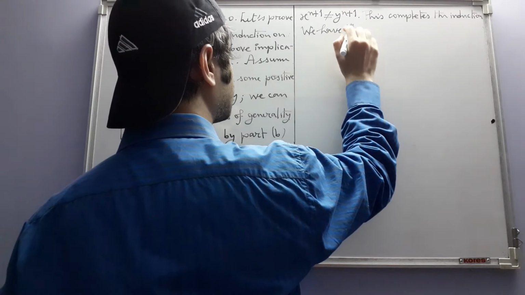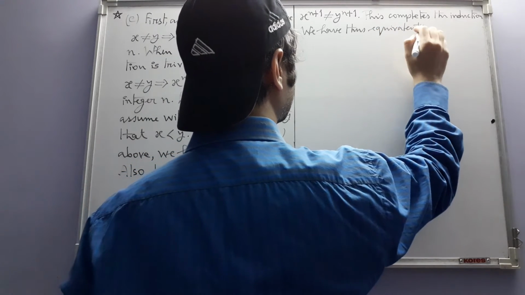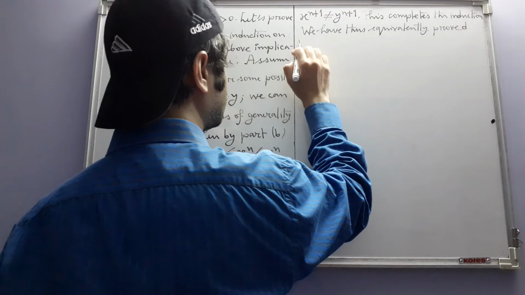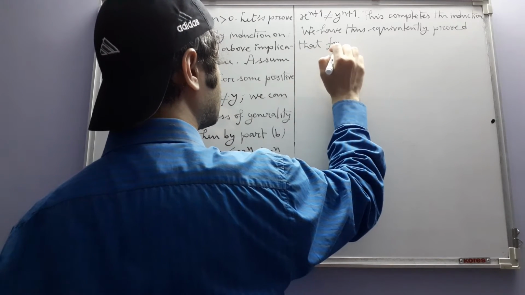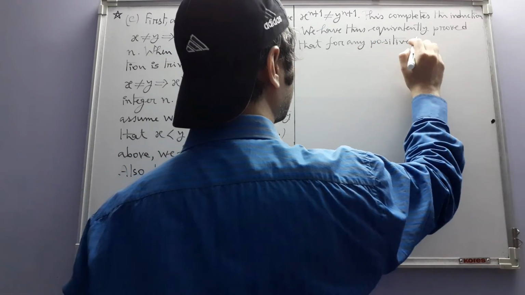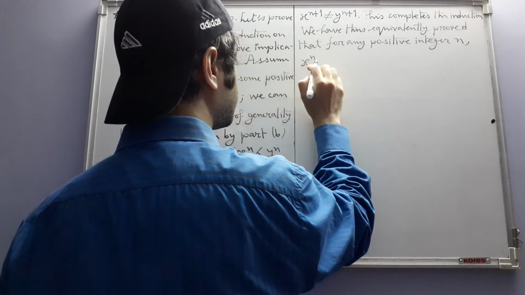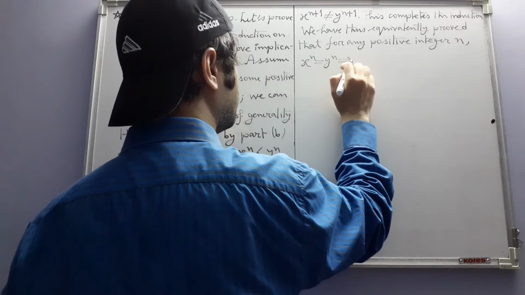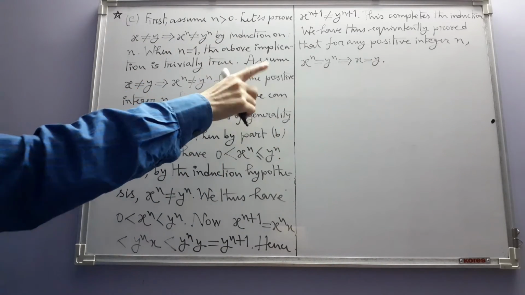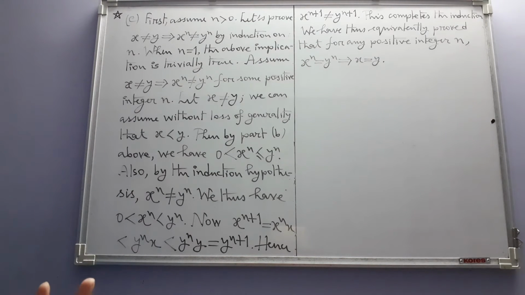We have thus equivalently proved that for any positive integer n, x to the power n equal to y to the power n implies x is equal to y, because this is just the contrapositive of this statement, and we know that an implication and its contrapositive are logically equivalent.